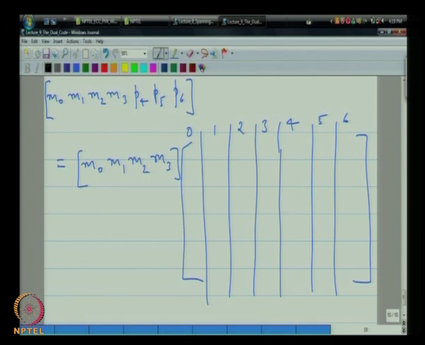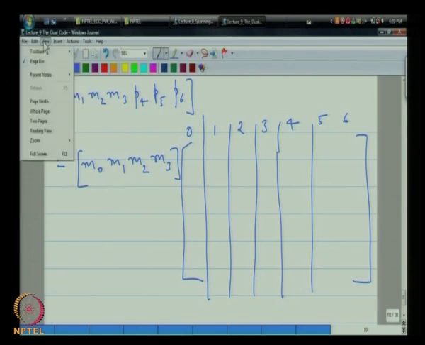And what I am going to do here is, my goal is to actually fill up this matrix, keeping in mind that the vector that I would like to generate is this vector, and so let us see how we do that.